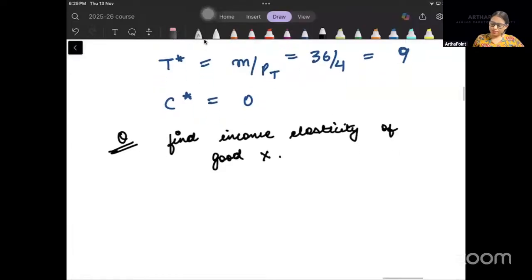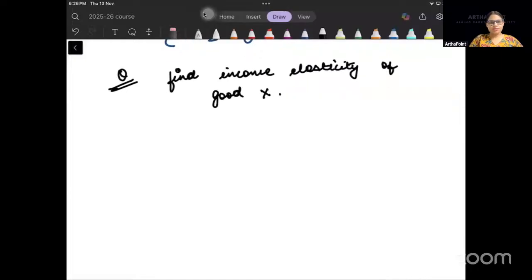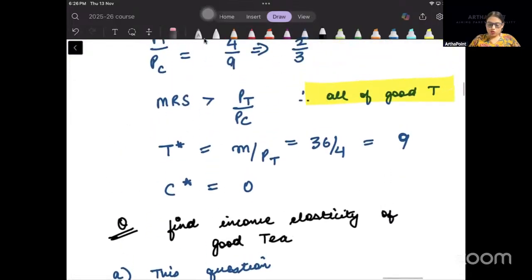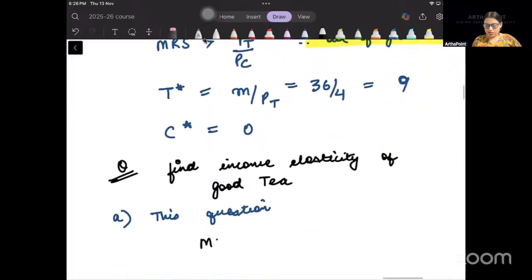So okay, I will do both cases. Case 1, look. If I am asked in this question to find income elasticity of good X, good X meaning, I always write good X, say income elasticity of T. Suppose in this question I am asked to find the income elasticity of T. Then we know that MRS is greater than PT by PC.